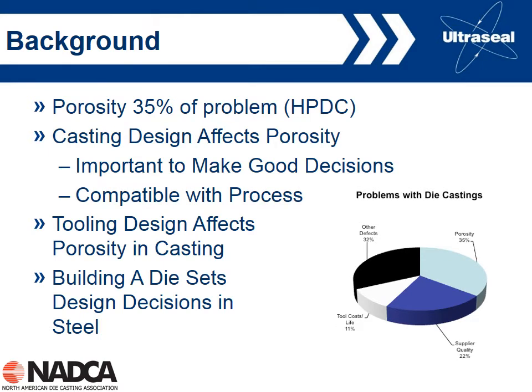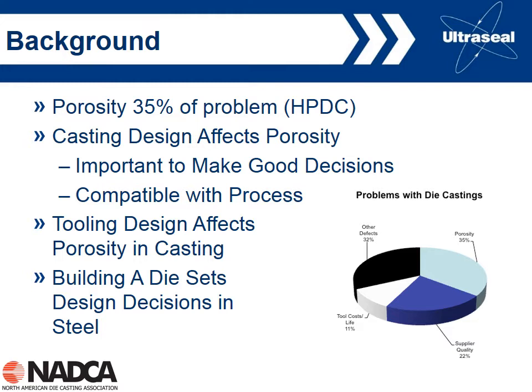So let's talk about this slide again. We've talked about this in the last 2 webinars, so I'll just talk about it quickly here. This pie chart here on the bottom right shows the results of the survey that NADCA did of end users. It asked end users what are the biggest problems they have with die castings, and you can see 35% of the respondents said porosity, and then another 32% said other defects, many of which have the same origins as porosity.